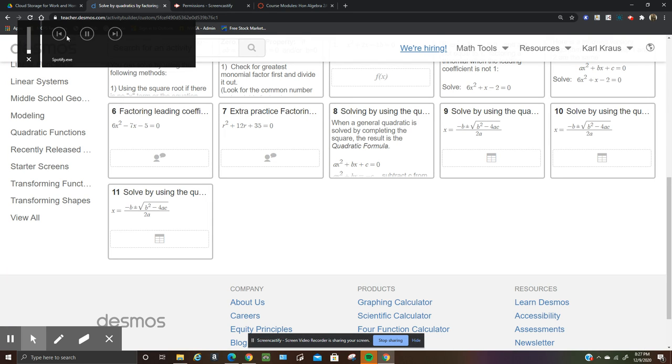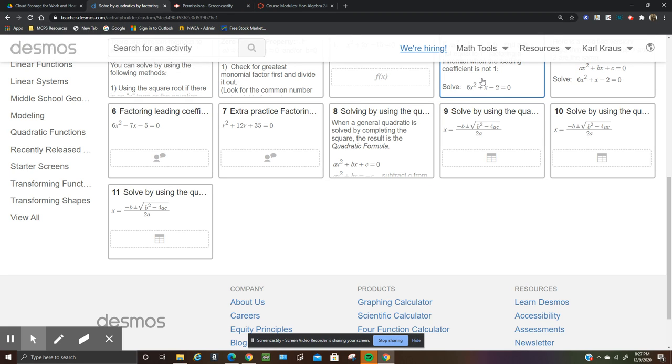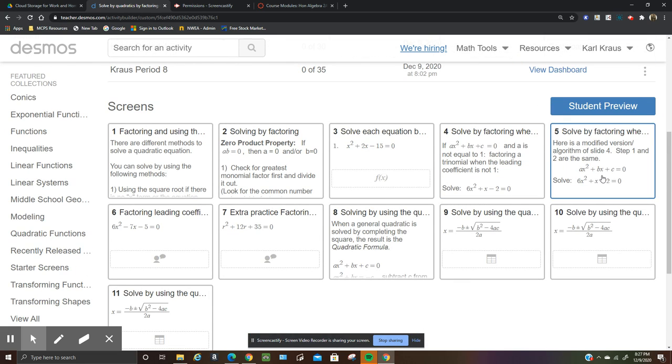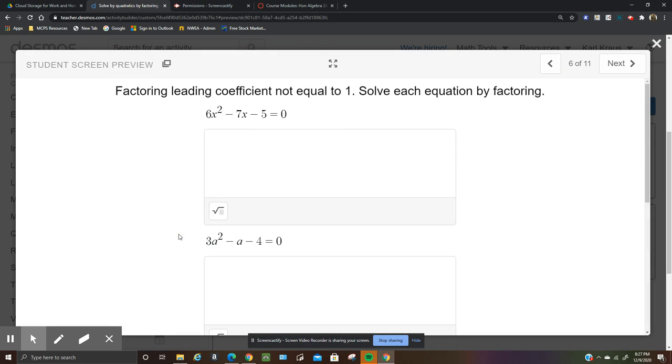What did I just do here? Got to start over here. Got distracted by some keyboard stroke there. So once again, you want to multiply 6 times negative 5.